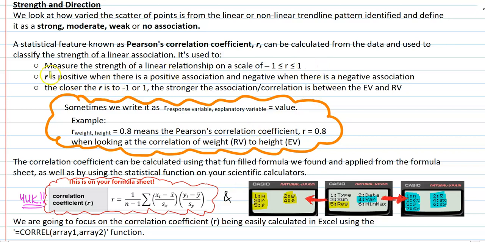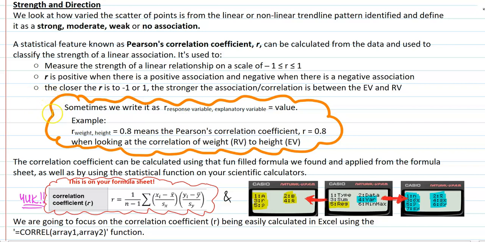So what do we need to know about the correlation coefficient? It's used to measure the strength on a scale of -1 all the way up to 1. R has a positive value when there's a positive association and a negative value when there's a negative association. And the closer the R value is to -1 or 1, the stronger the association or correlation is between your explanatory and response variable.